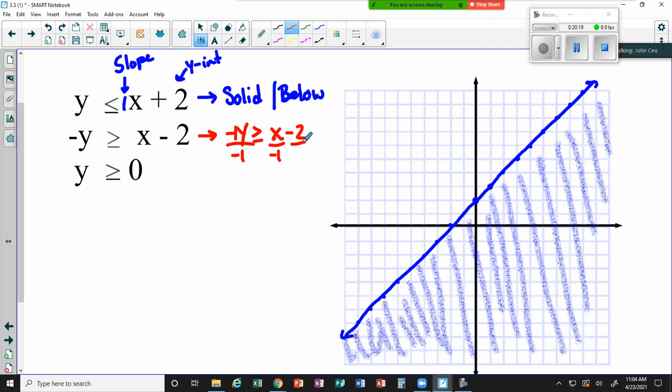I just divided by a negative with an inequality, so I have to make sure to flip the inequality sign. So y is going to be less than or equal to, this is a 1, so now this is 1 divided by -1 is -1. Negative x, -1x, however you want to think about it. -2 divided by -1 is +2.